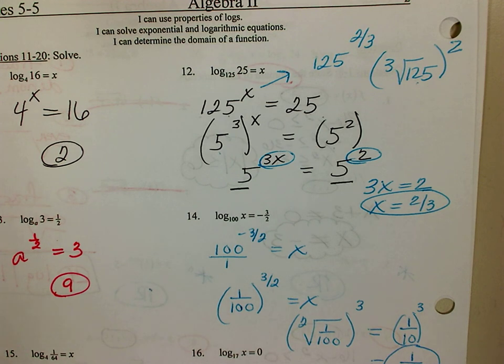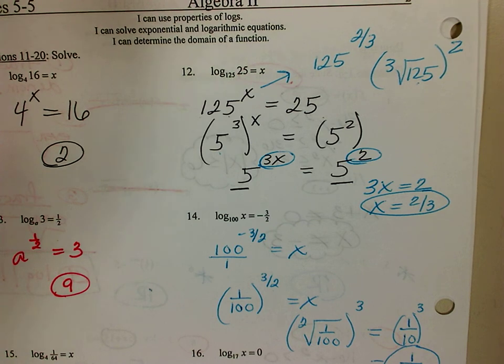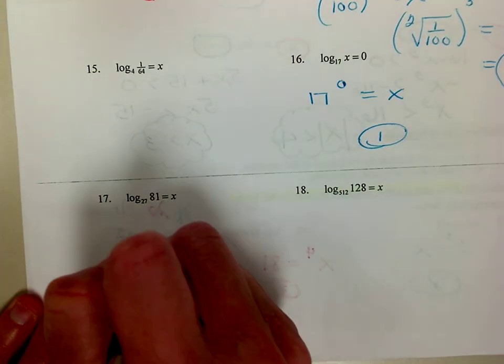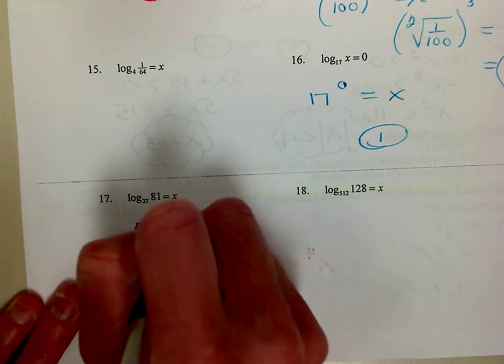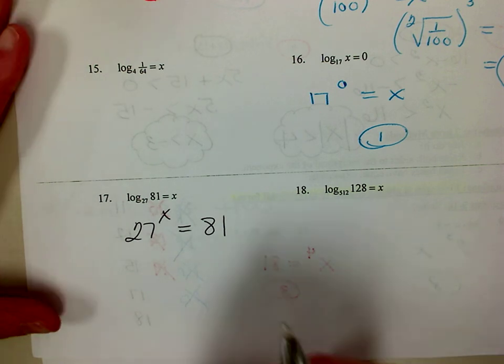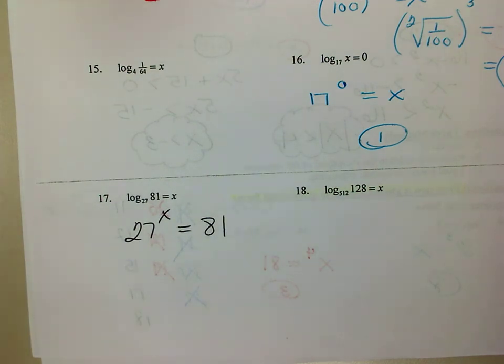Okay, I'm going to skip down to 17 and 18 because those are very much like 12, and then I'll go to 15. So 17, I got 27 to some power equals 81. So these are both powers of 3. So you have to know your powers. If you have your blue paper from last chapter, that might actually come in handy.